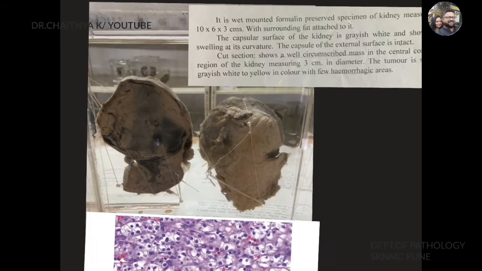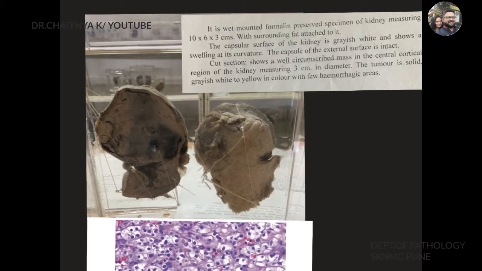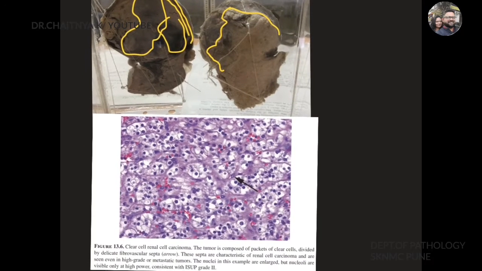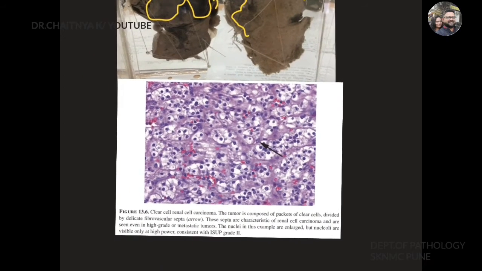The tumor is grayish white yellow in color and few hemorrhagic areas are noted. So this is the solid tumor in the cortical area showing the hemorrhagic areas and the necrosis areas. The capsule of this kidney is intact. From the outer surface the fat is attached. So these are some macroscopic features of the RCC.